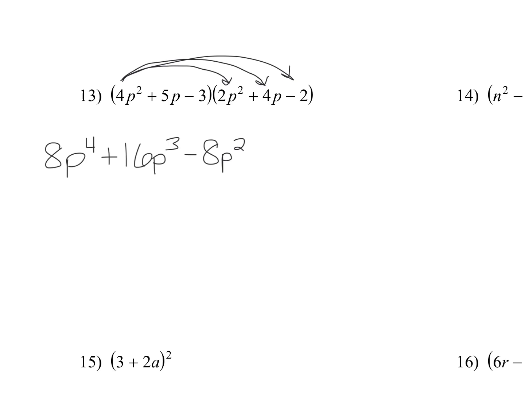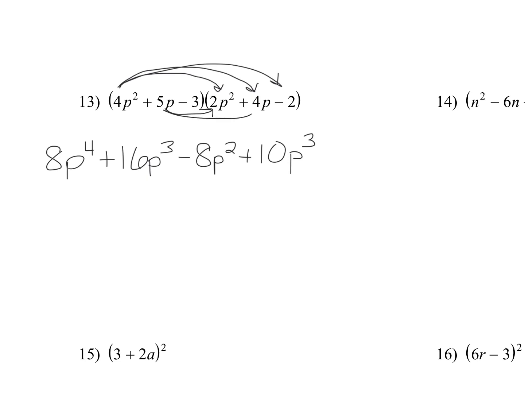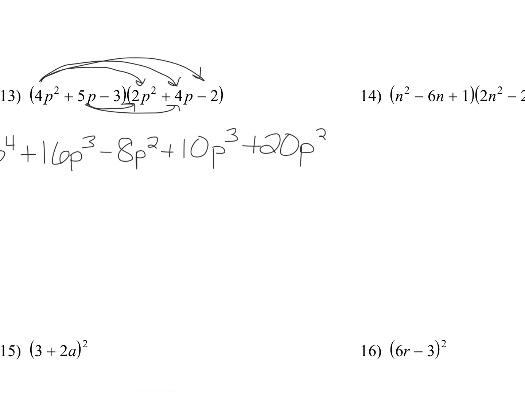Okay, so with 5p, I'm taking 5p times 2p squared. 10p to the 3rd. And then I'm taking 5p times 4p. 20p to the 2nd. I'm going to run out of room. 5p times negative 2. Negative 10p, good.